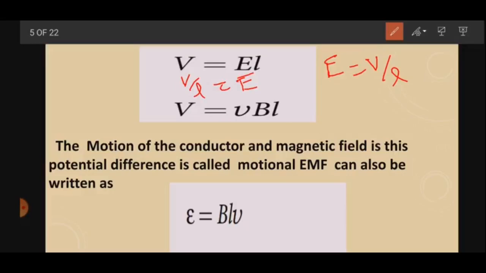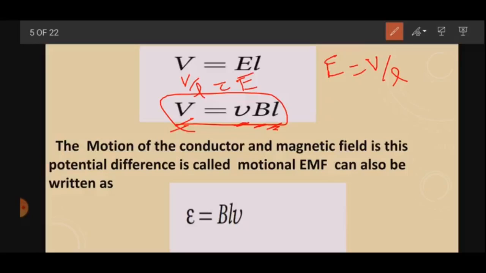Now, therefore, V is the potential difference, V is velocity of the particle, B magnetic field, L length of the conductor, VBL. Already you studied this formula in the third lesson, magnetic Lorentz force. Because of the motion of the conductor in a magnetic field, this potential difference is called a motional EMF.